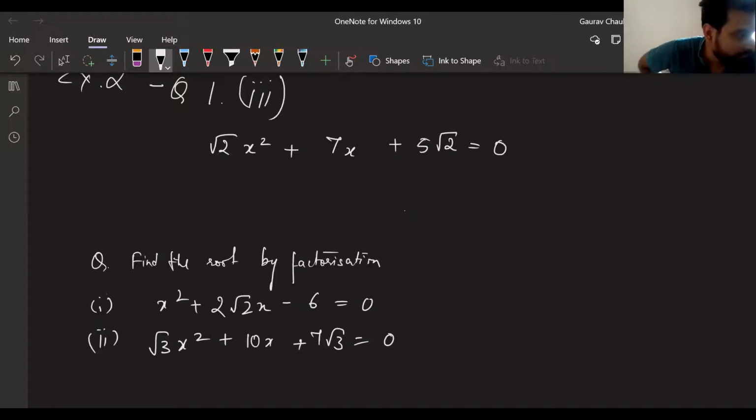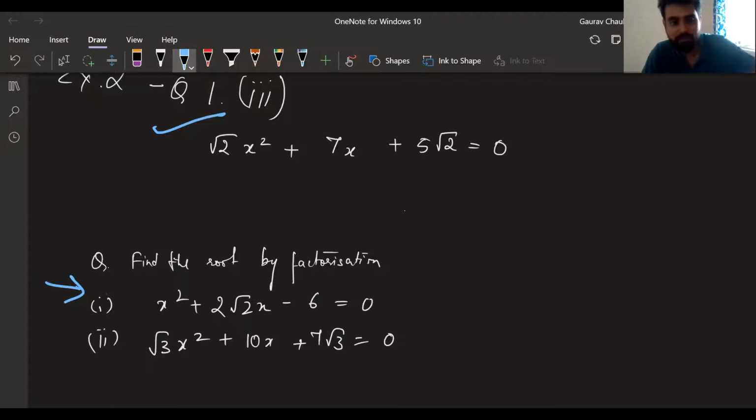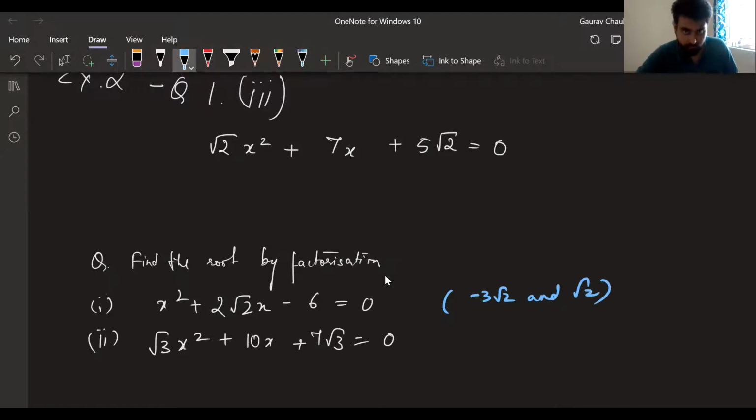All of us, when we are done with one question, we'll take 3 more minutes, do at least one question out of the 3 on the board. If you did this already, you can do this. You can do more than one also, but at least one we should do before I move on to the next segment of this class. I'll write the answer for this and keep here. Minus 3 root 2 and root 2.